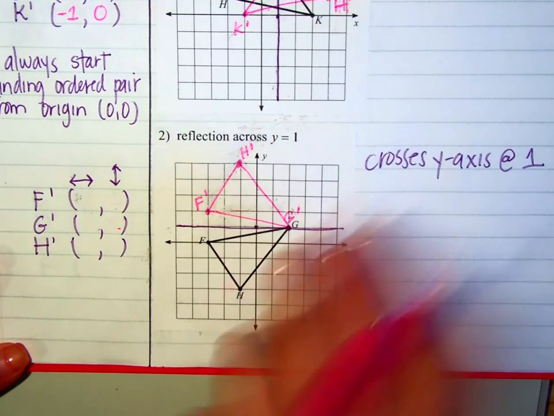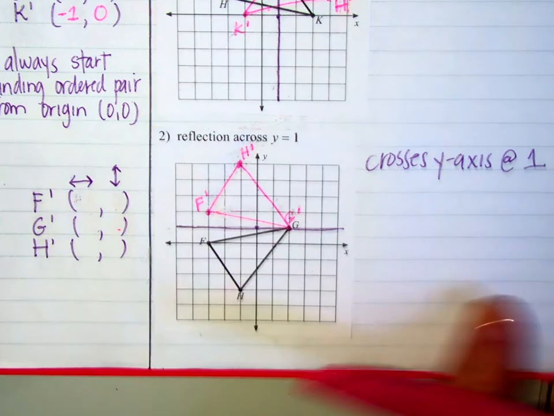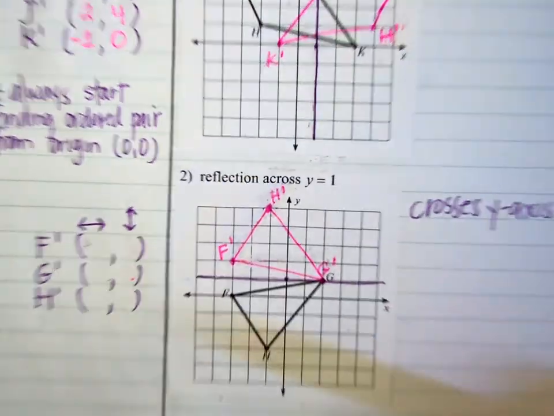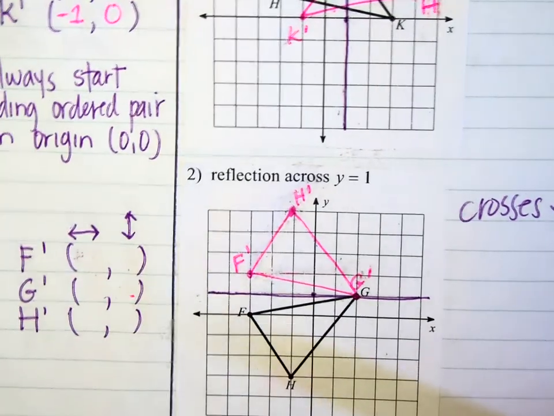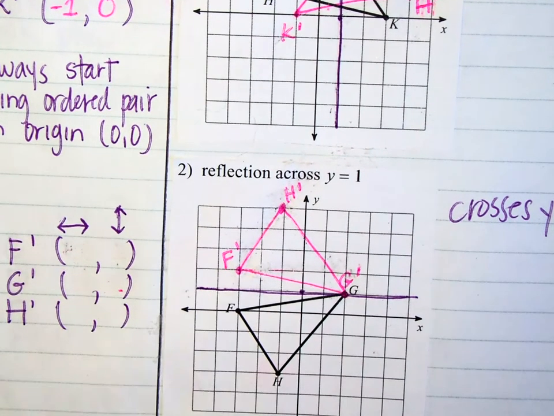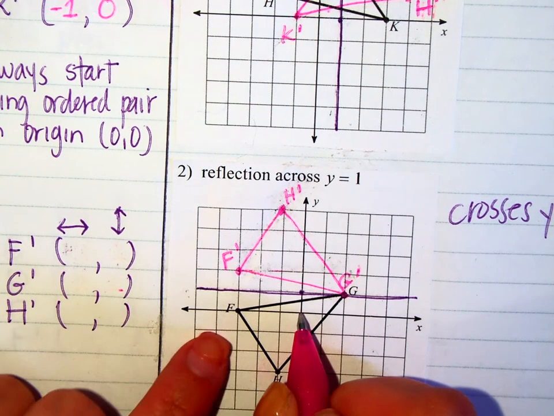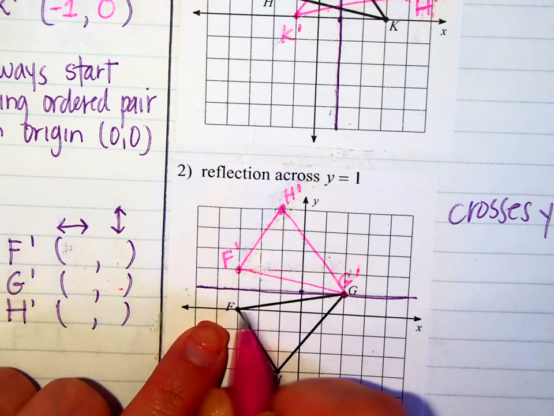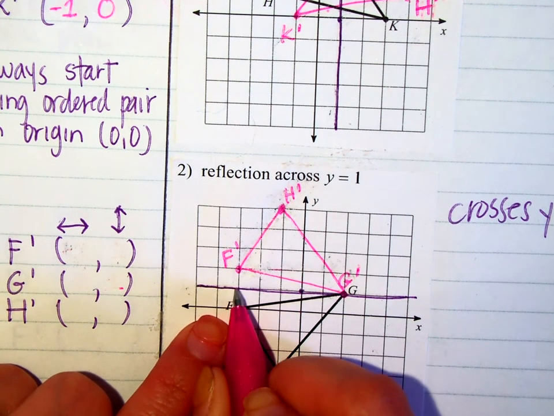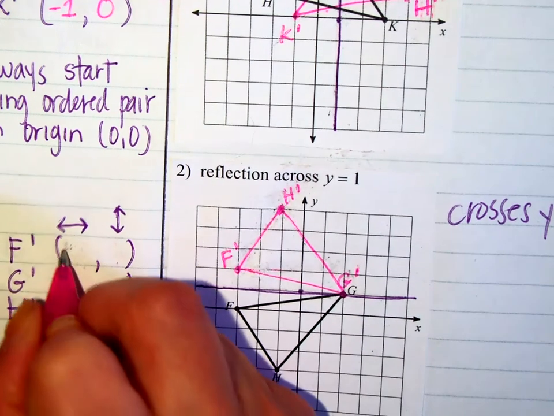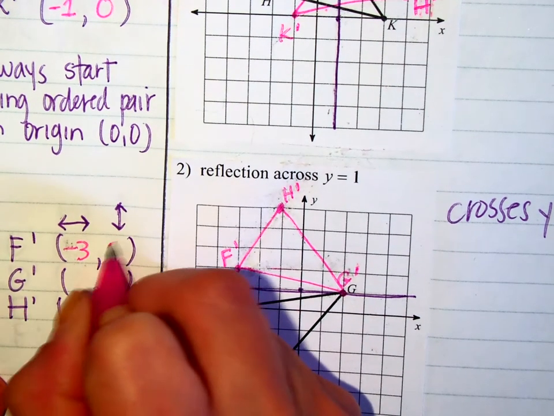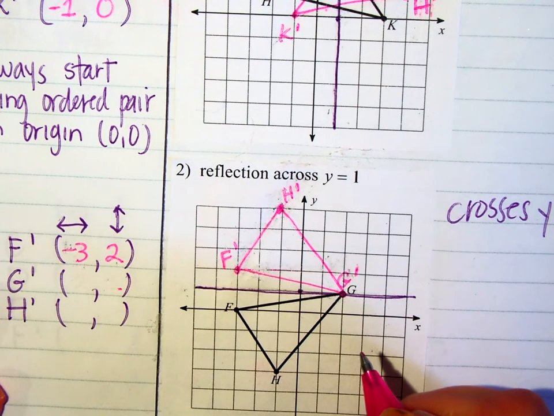Okay. And we're going to write the coordinates of each of these points. Okay. So starting with F prime, look for your origin. And from here, it looks like I'm going to move 1, 2, 3 to the left and 2 up. 3 to the left and 2 up is -3, 2.